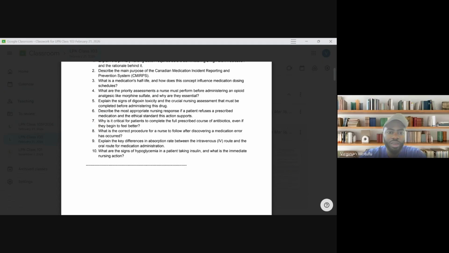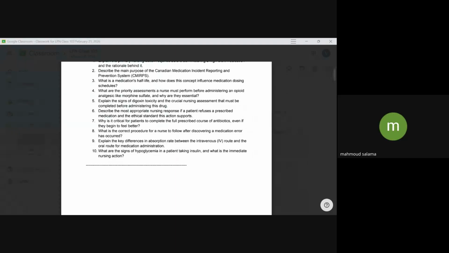Question 6, or question 5, sorry. Explain the signs of digoxin toxicity and the crucial nursing assessment that must be completed before administering this drug. Signs of the vision, halos of the vision, and nausea and vomiting.